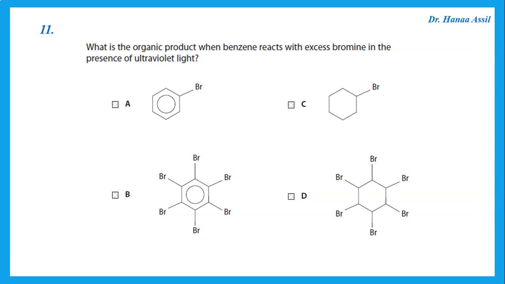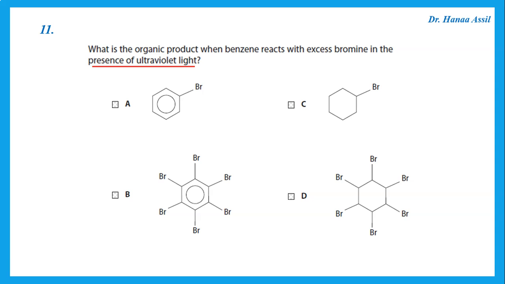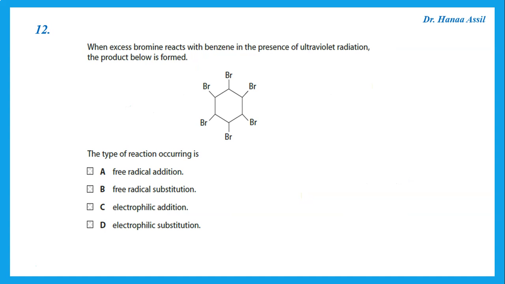If I have UV light, then the structure that we have is this one, in which bromine is added to each carbon in the benzene ring, and there are no longer double bonds. So this is actually cyclohexane. It's no longer a benzene ring. So remember, with benzene and excess bromine in the presence of UV light, this is the product that is obtained.